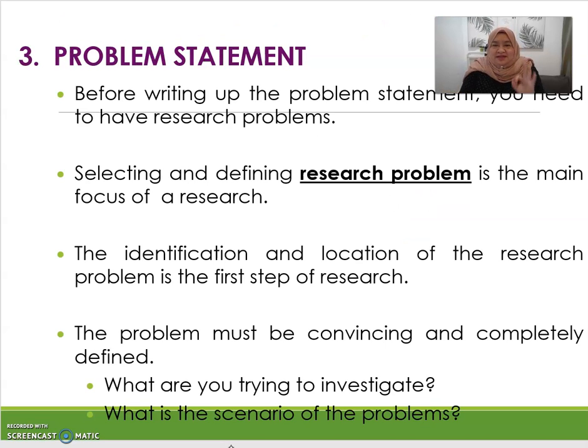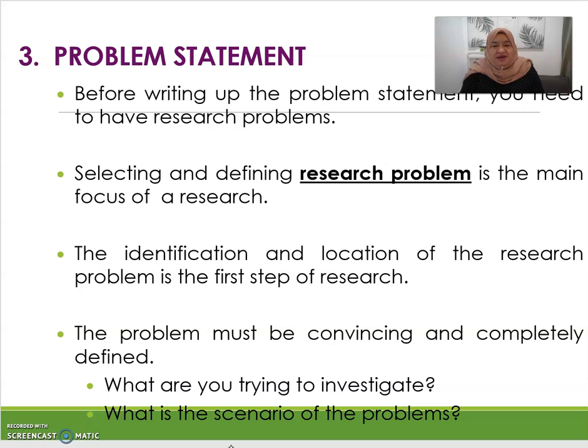Right. The third one is a problem statement. Before writing up the problem statement, you need to have a research problem, which means you need to identify what problem you would like to focus on in this research, why you want to solve the problem, and how you want to solve the problem. The identification and location of a research problem is the first step.